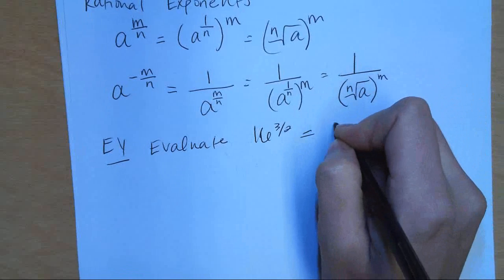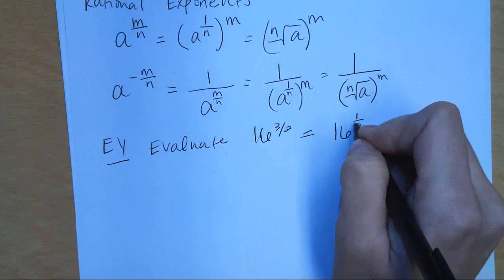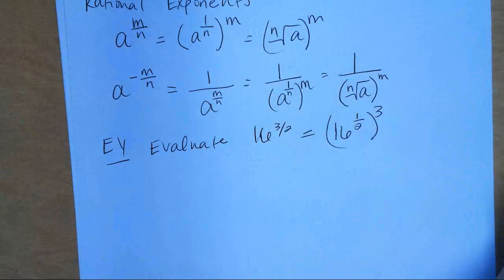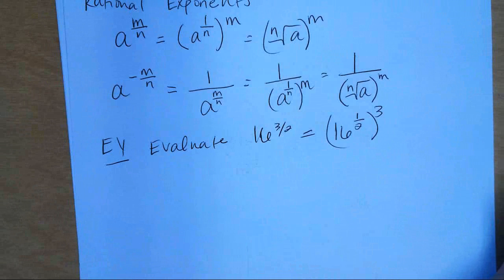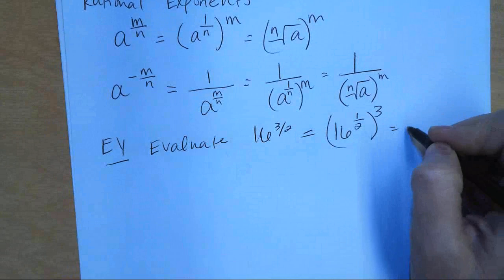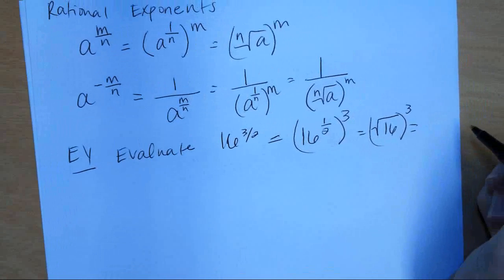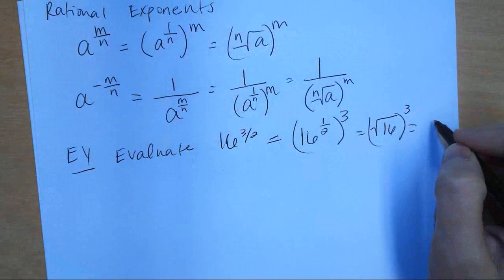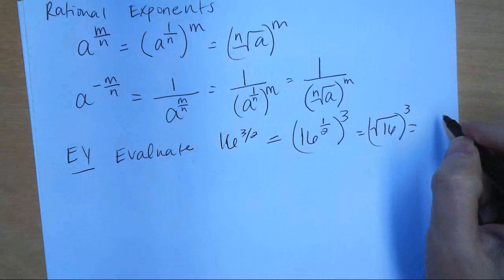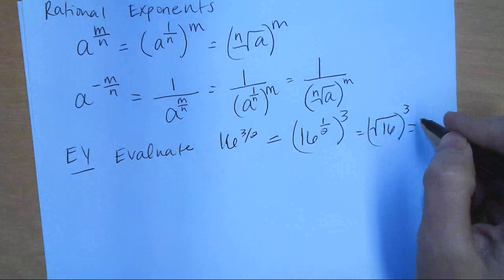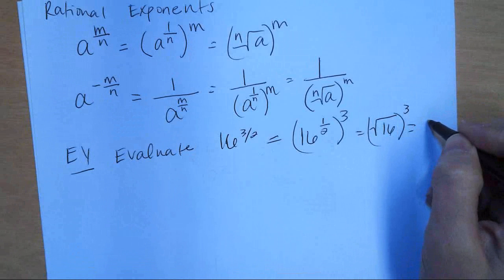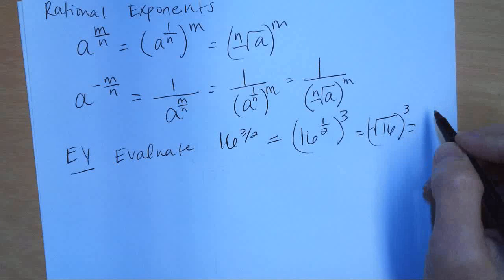So this becomes 16 to the 1/2 cubed. Right, undoing the exponent. Okay, what is 16 to the 1/2? It's the same thing as the square root of 16, which is 4. So the square root of 16 is going to be 4 or negative 4.